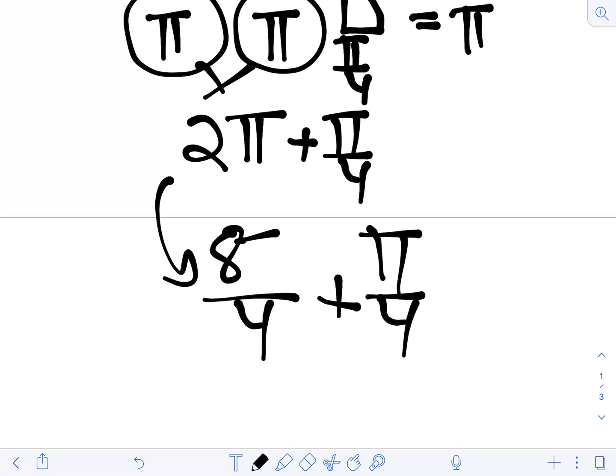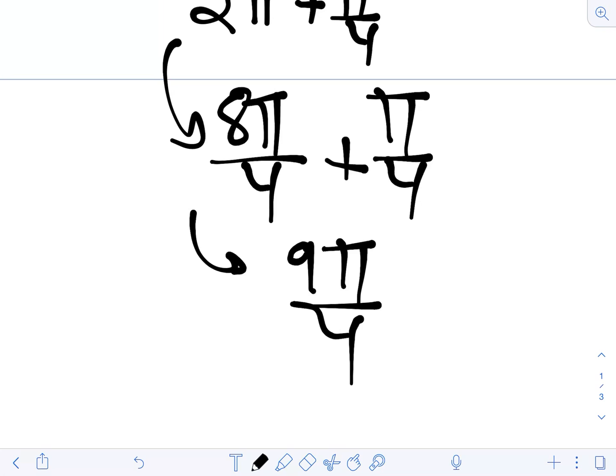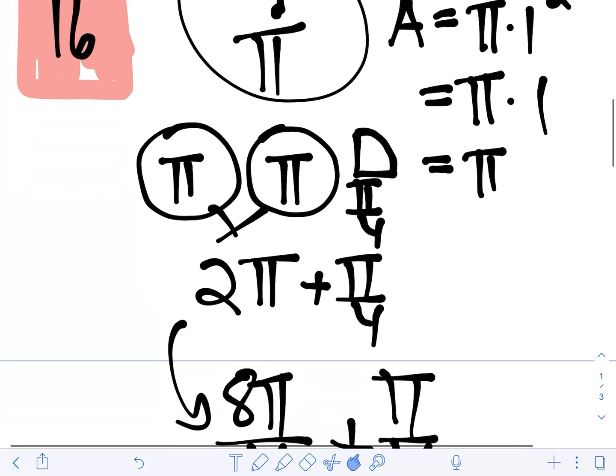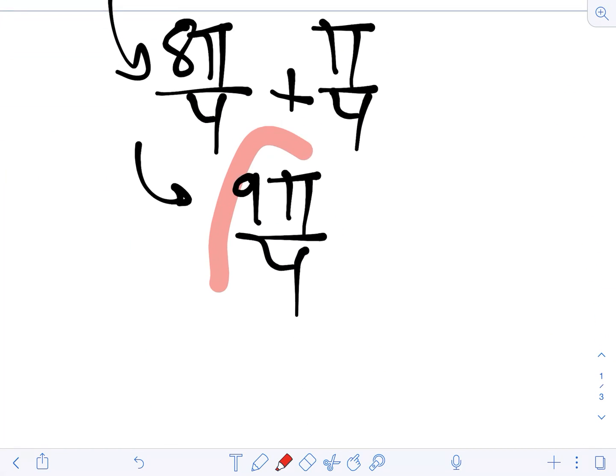That would be 8 pi over 4. Add it together, we'd be taking out essentially 9 pi over 4. Or we could just treat pi as 3.14 and then combine them all. It's really up to you. But bottom line, this is what we have for those big white circles.